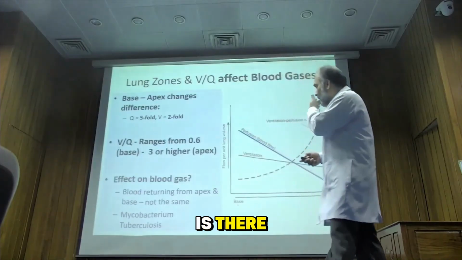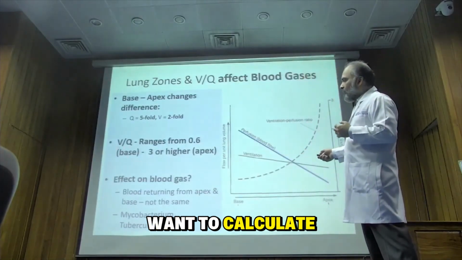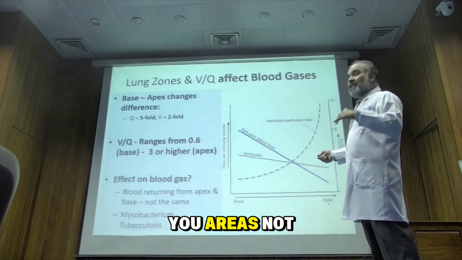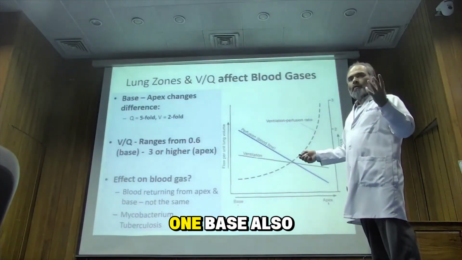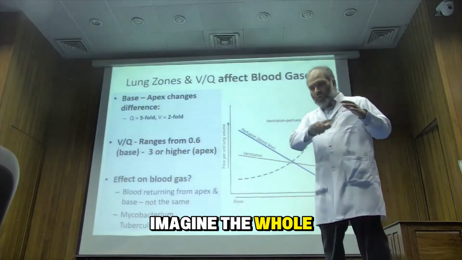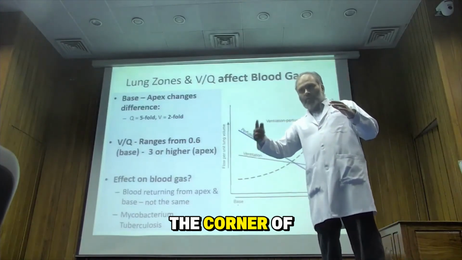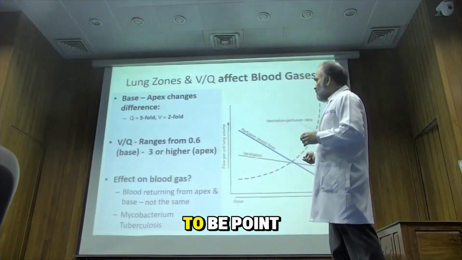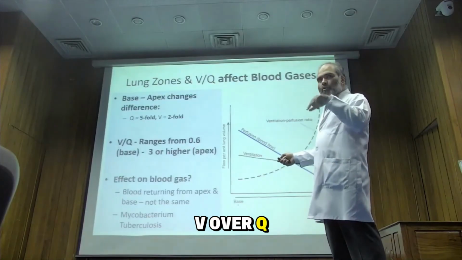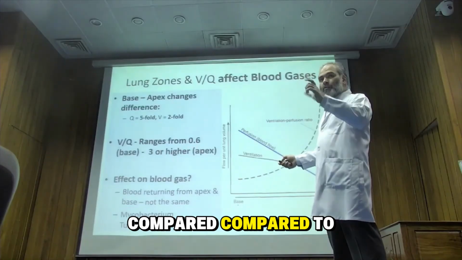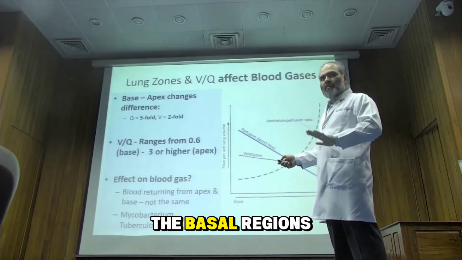That is because one is a liquid, a complex liquid actually, and the other is a gas, air. So if you calculate V over Q for the base areas, and the base can be many areas, imagine the whole lung and the dip as well, the corner of the lung, all those areas on average should come out to be 0.6 V over Q. Remember, Q is more and V is less in the basal regions.